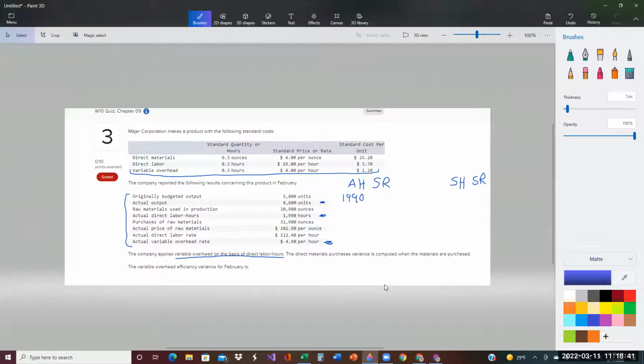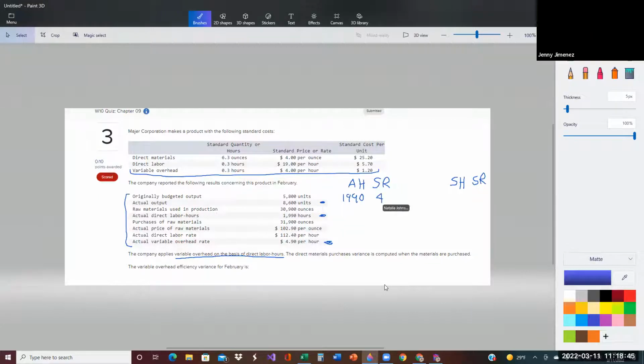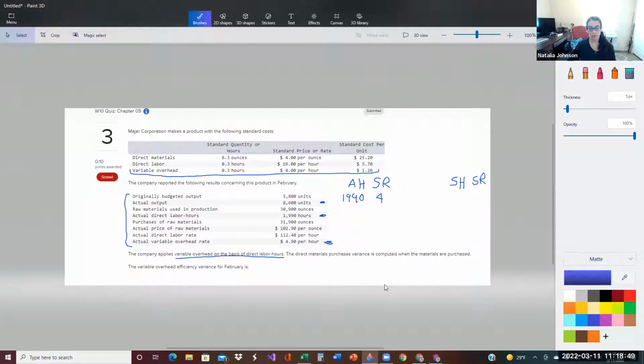Or is it 19, since it's based on direct labor hours? Yeah, because variable overhead is based on direct labor hours. So that's why. Okay, never mind. So if we multiply 1990 times 4... I'm not understanding why you picked the 4 instead of the 19.